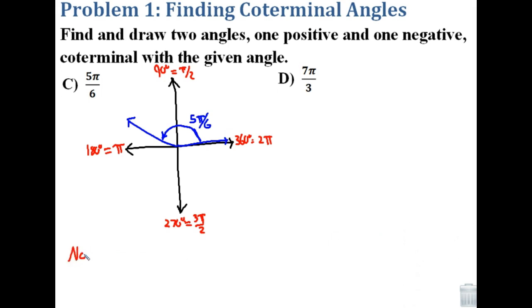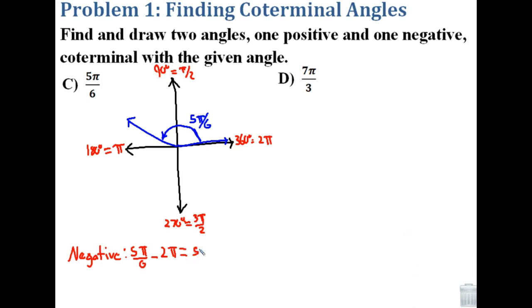For a negative one, I'll take the original 5 pi over 6 and simply subtract the rotation. But instead of minus 360, since we're talking radians, we'll subtract 2 pi.